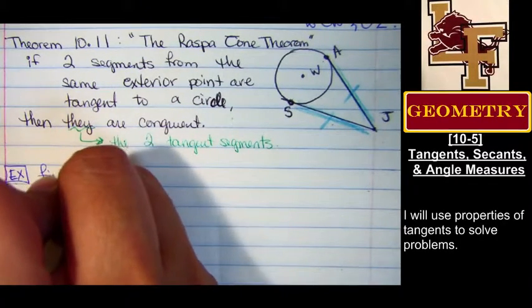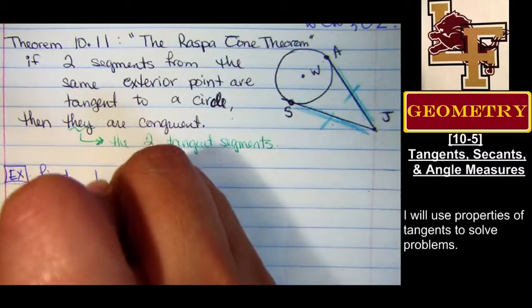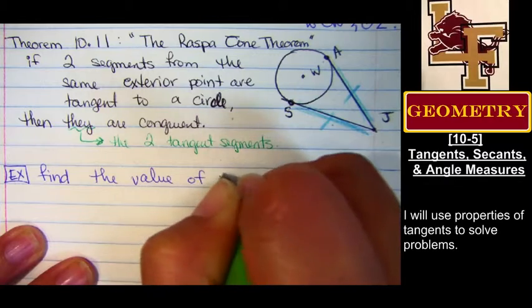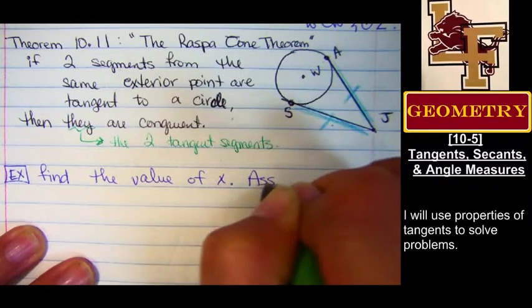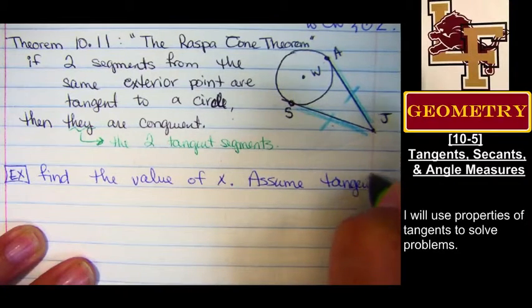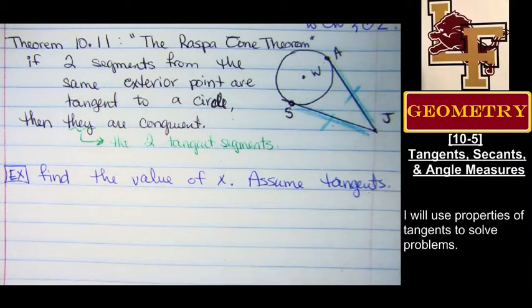The directions for these examples, we'll do at least two: find the value of x and assume tangents. Basically what we mean by assume tangents is if it looks like it's tangent to the circle, it is tangent to the circle. We're not going to try to freak out.